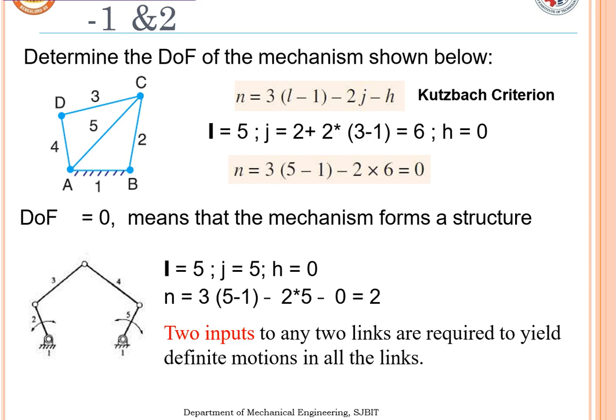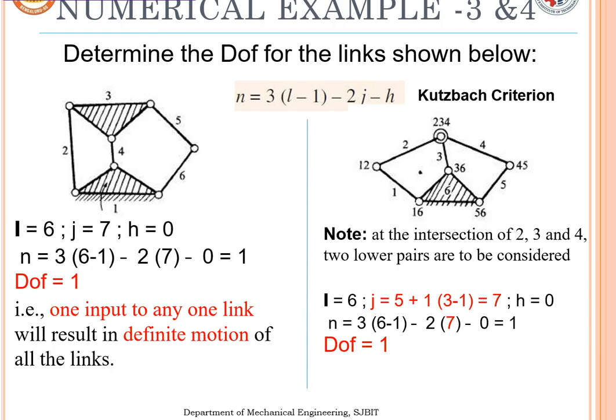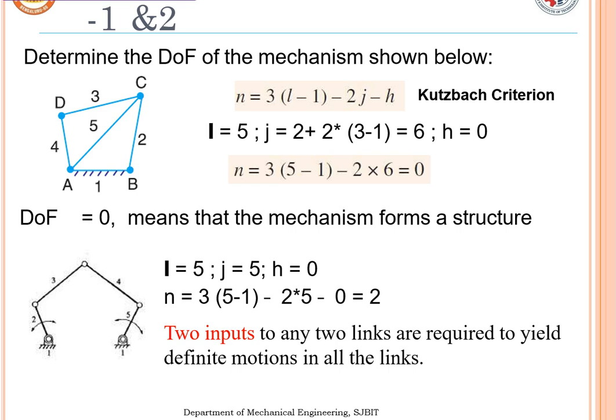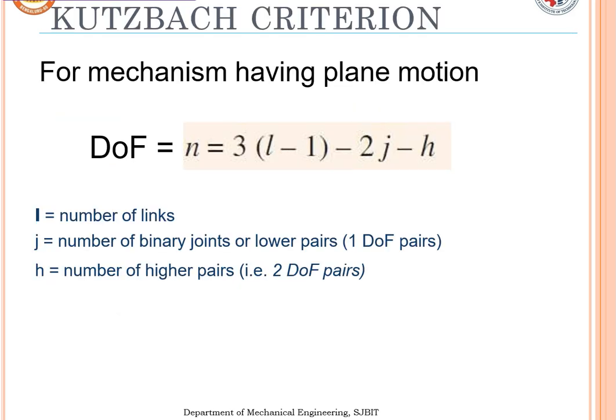So we'll be using the criterion where L, J and H are to be known. L is the number of links. In the structure ABCD, the number of links is 5, so L is equal to 5. J is the number of binary joints, which we are supposed to calculate.